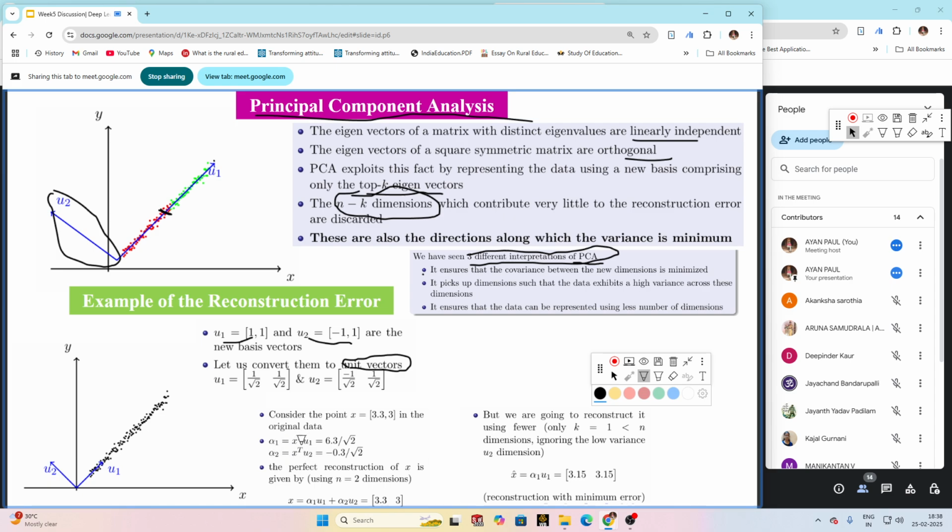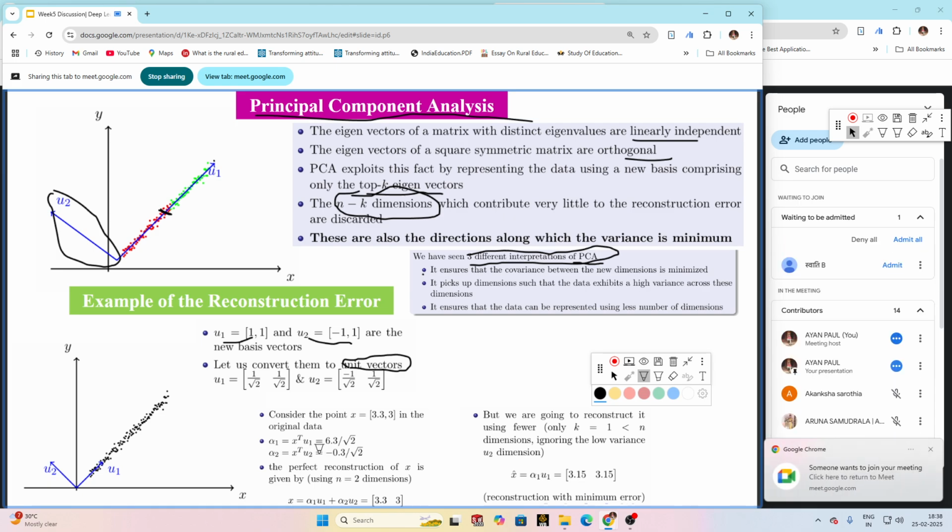Alpha 1 will be x transpose into u1, alpha 2 will be x transpose into u2. What is x? Okay, yes, this is the x matrix, the vector 3.3 comma 3.